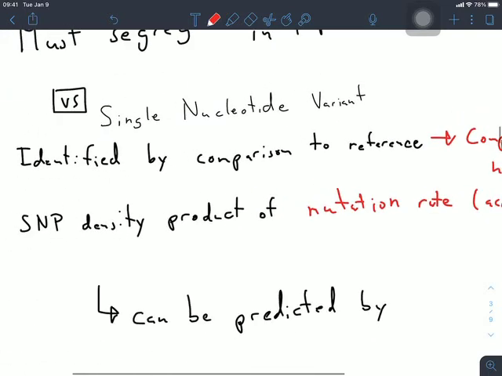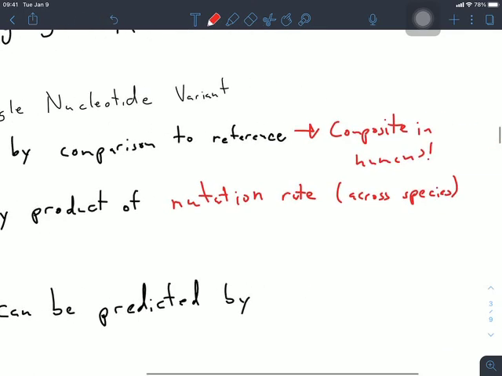Now, SNP density can be a product of another force within a genome, something that varies based on chromosome or region of the chromosome. And that is the all-important recombination.